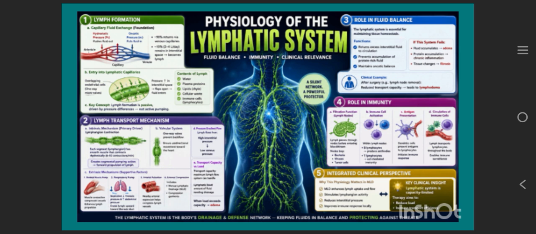The second point for lymph formation is entry into lymphatic capillaries. Here, excess interstitial fluid enters lymphatic capillaries due to overlapping endothelial cells acting as one-way microvalves. How does it enter lymphatic capillaries?